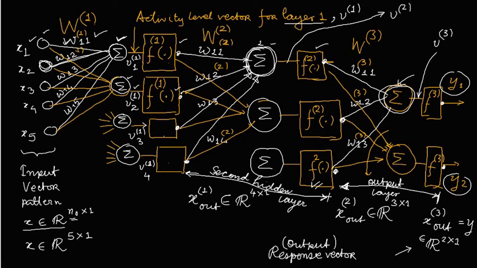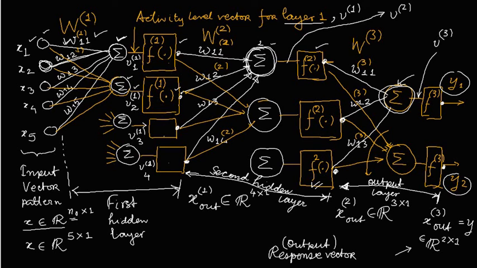And from this output up to the first layer of activation functions, excluding the output, we will be calling first hidden layer.